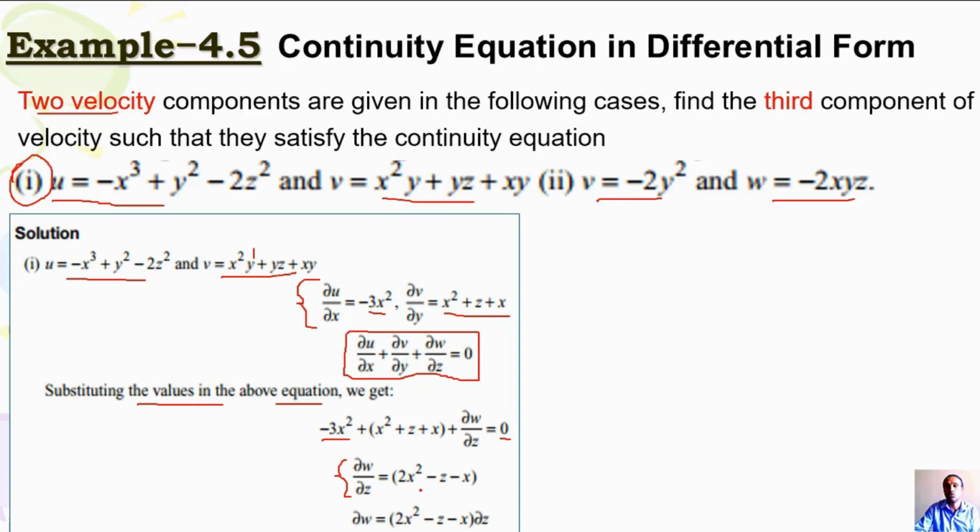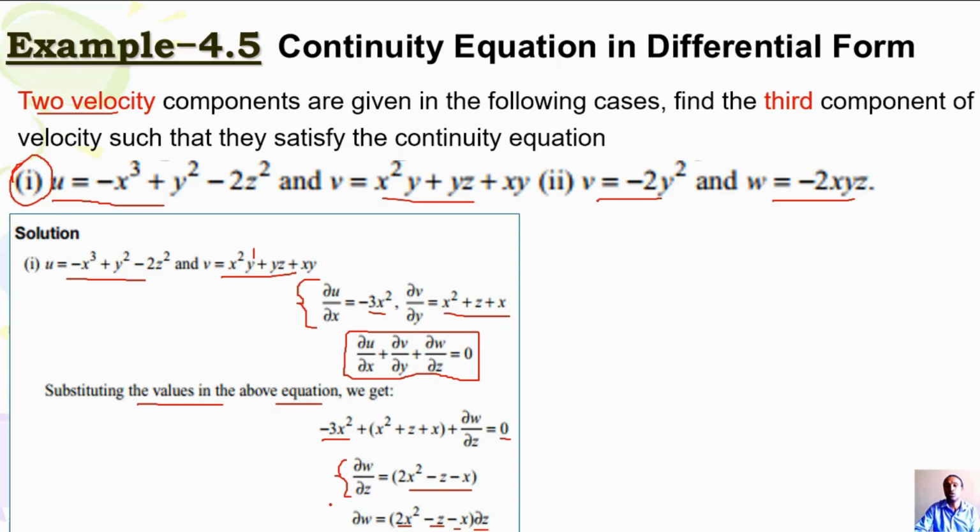So you have the third component, this is the derivative. So del w is equal to, just multiply crisscross, 2x squared minus z minus x del z.